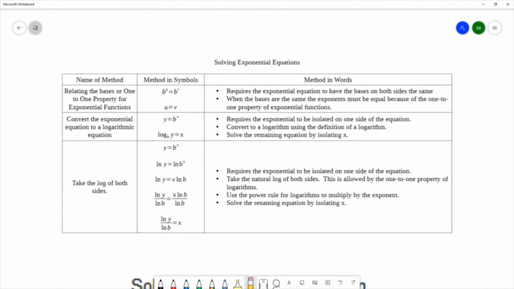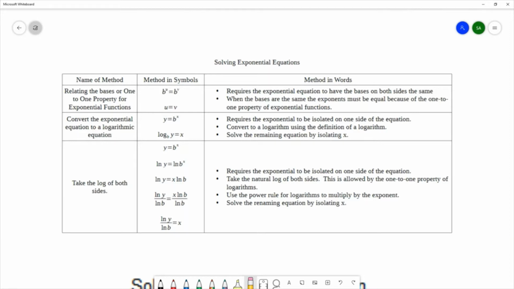So we have three main methods for solving exponential equations. The first one is called relating the bases, or sometimes it's called the one-to-one property for exponential functions. This method deals with the situation when you have a base to a power on the left and that same base to a power on the right of your equation.